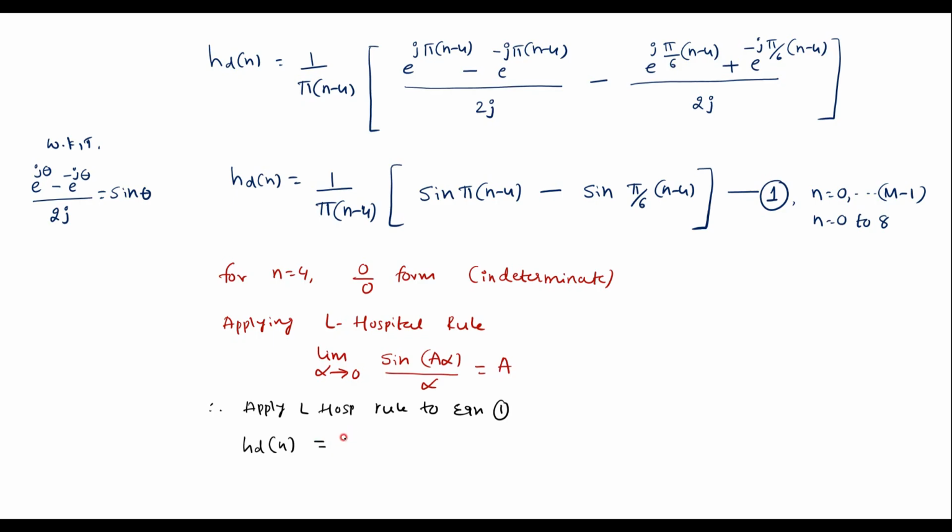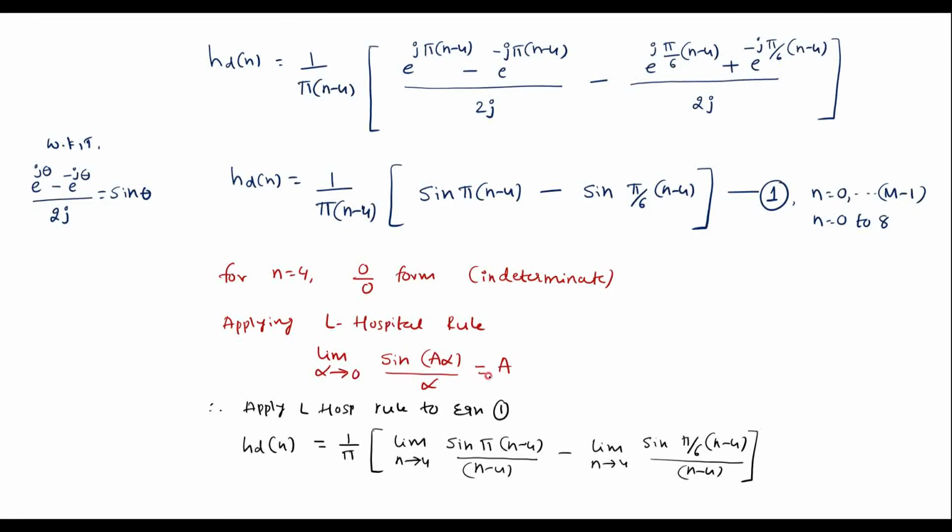I can write hd of n is equal to 1 upon pi times [limit n tends to 4 of sine pi of (n minus 4) divided by (n minus 4), minus, here I have another term, limit n tends to 4 of sine pi by 6 of (n minus 4) divided by (n minus 4)].